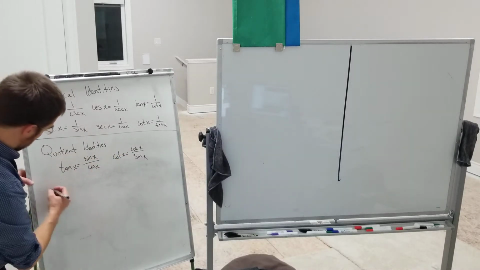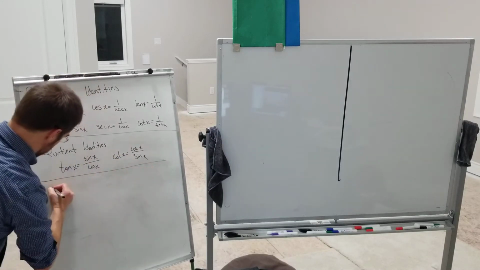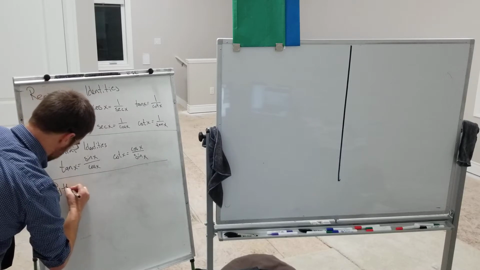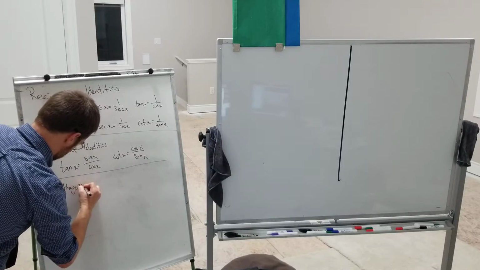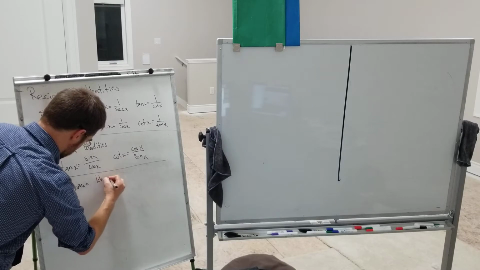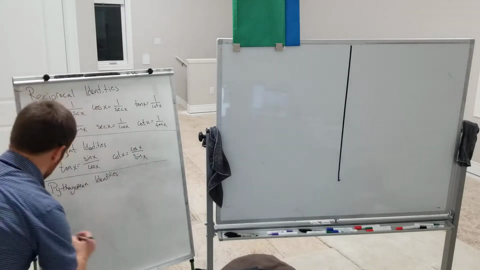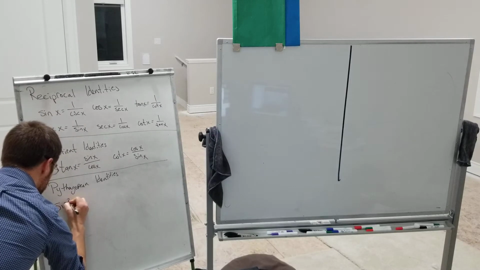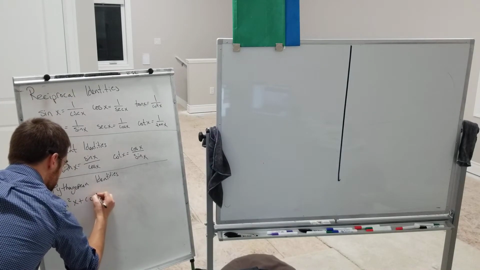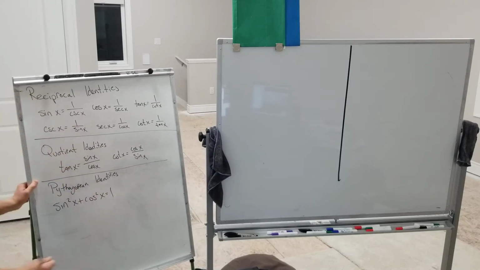All right, lastly, we have our Pythagorean identities. The first one is sine squared x plus cosine squared x equals 1.